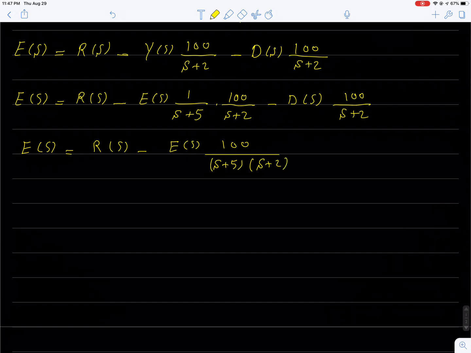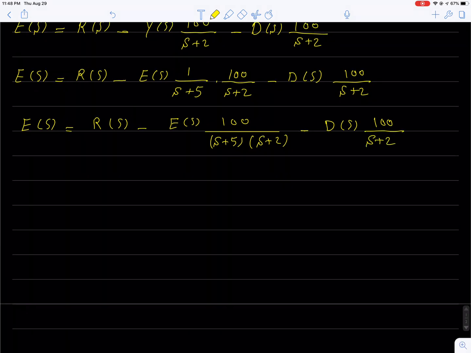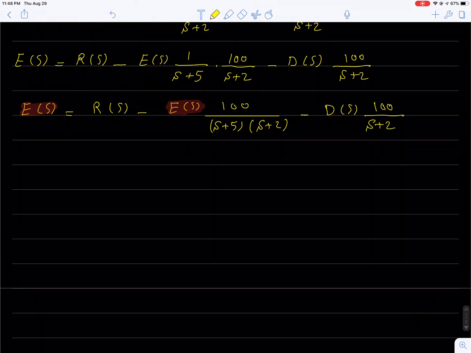So I did nothing except I just multiplied 100 by 1, which is 100. Minus D of S times 100 over S plus 2. Okay, now as you see, we have E of S in this side of the equation and E of S in this side of the equation. So we're going to bring them together to further simplify the question.